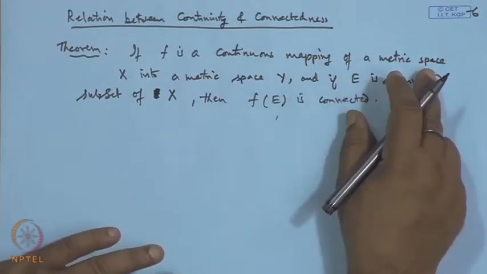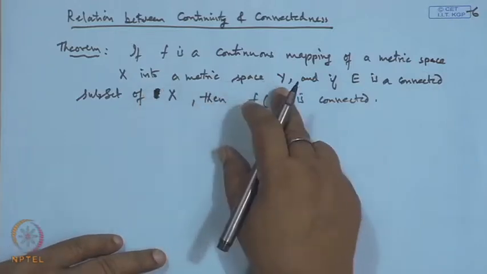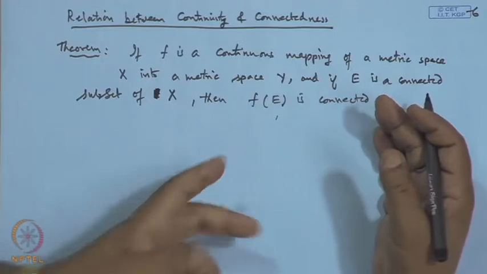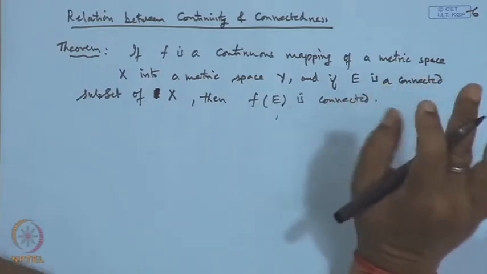If f is a continuous mapping of a metric space X into a metric space Y, and if E is a connected subset of X, then the image of this connected subset will also be connected.